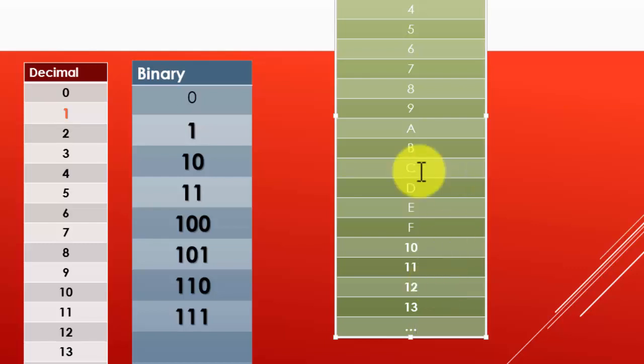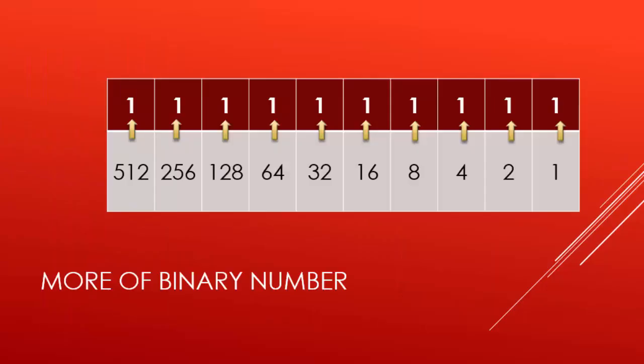I hope you understand the numbering system and the important things you have to know. The main reason I'm creating this video is this one: the binary numbering system values. These are the values 1, 2, 4, 8, 16, 32.